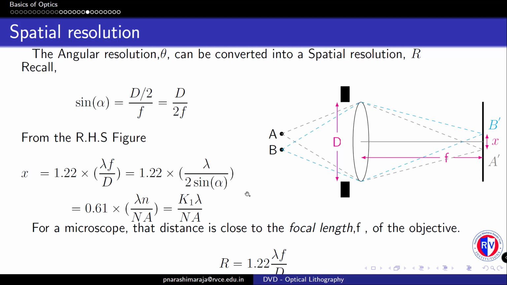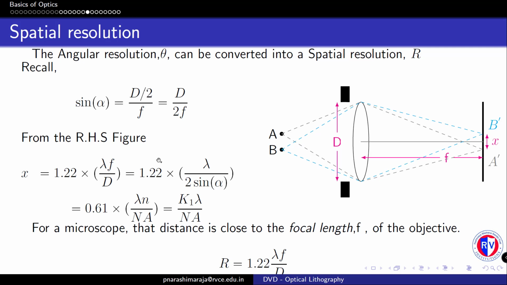And this is the formula that we have seen from the beginning. The only difference between theta and this is that we have multiplied by the focal length of our device. So that is the conversion between the angular resolution and the spatial resolution. Once I multiply theta with the focal length of the lens, we end up with a spatial resolution x, which is nothing but the capital R.